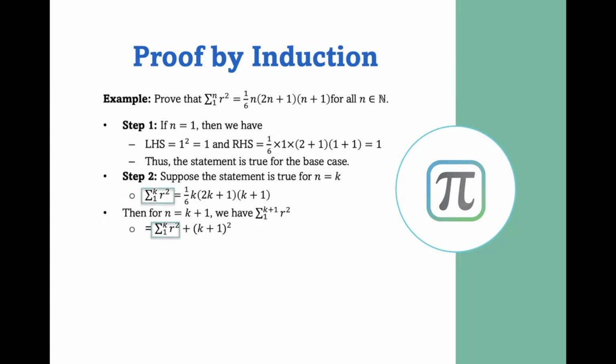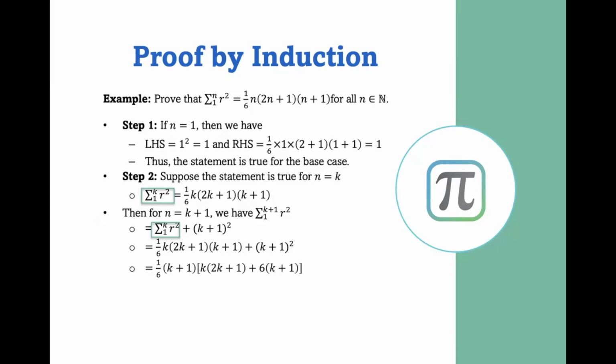And why do we do that? Well, as before, we refer back to the statement that we wrote when we assumed that it was true for n equal to k. Because what that means is we can then substitute the section that is true into the statement for k plus 1. And this allows us to eliminate the sum from 1 to k, and instead we just have a nice expression here.